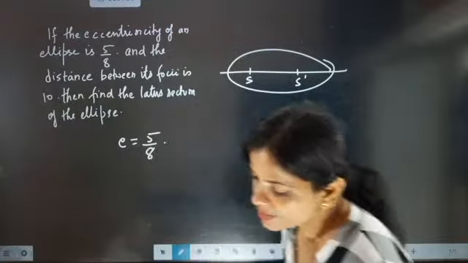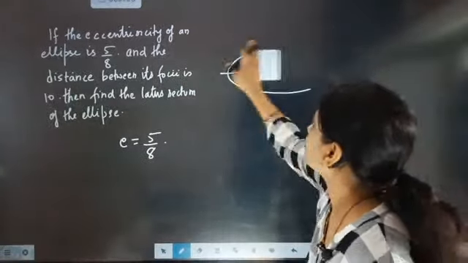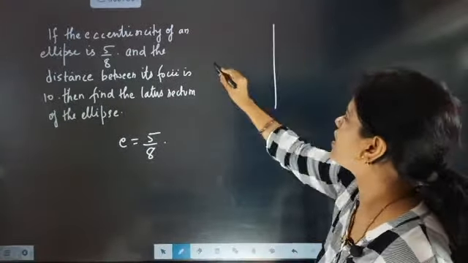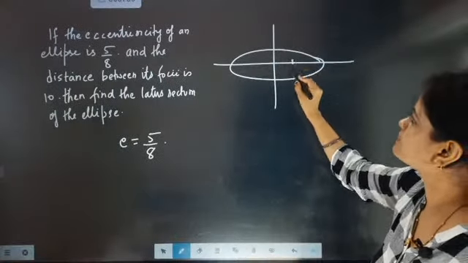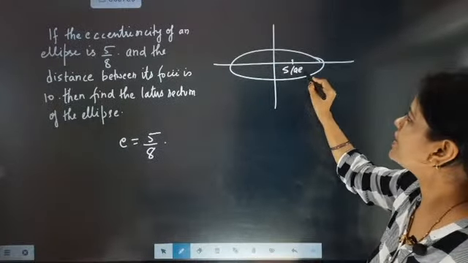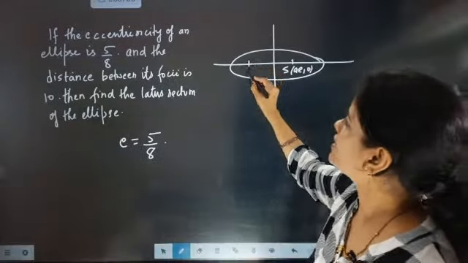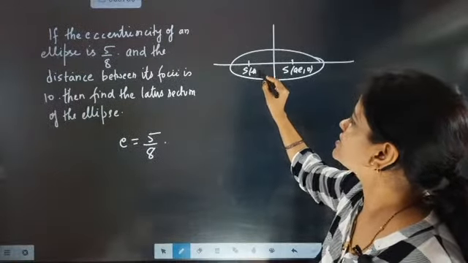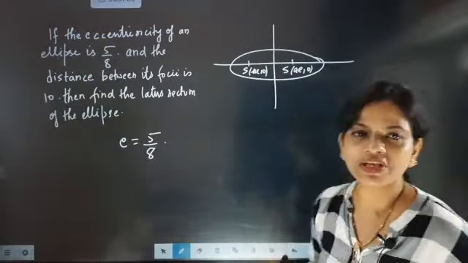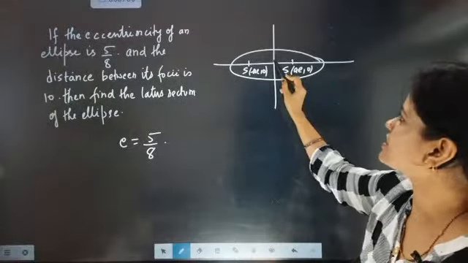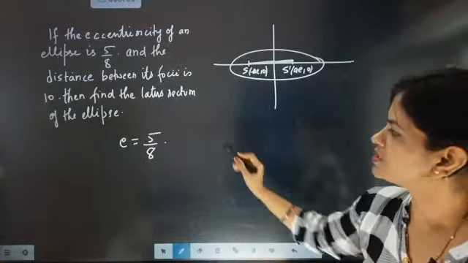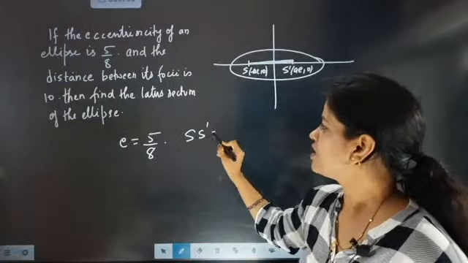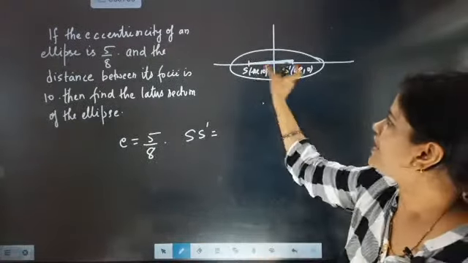Now, beta, one thing we know is that for an ellipse, we write the foci as (AE, 0) and (minus AE, 0). So the distance between the foci S and S dash is AE and AE.